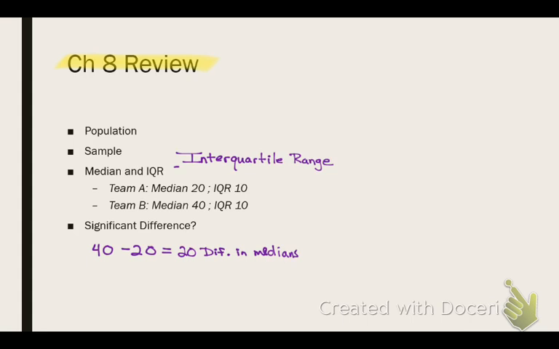Because the IQR is 10, I would say yes, there is a significant difference because 20 is double 10. And that's the work that I would be looking for on your test tomorrow. If you understand that, that's everything you need to know for your test tomorrow.